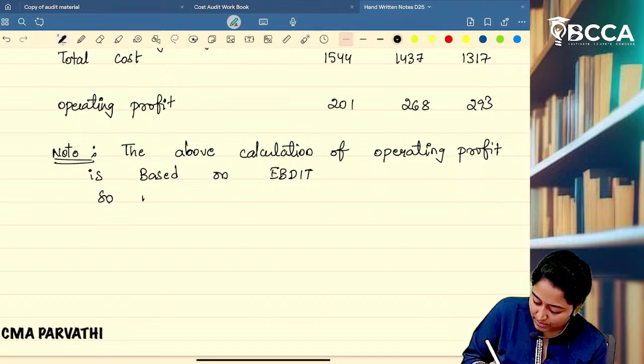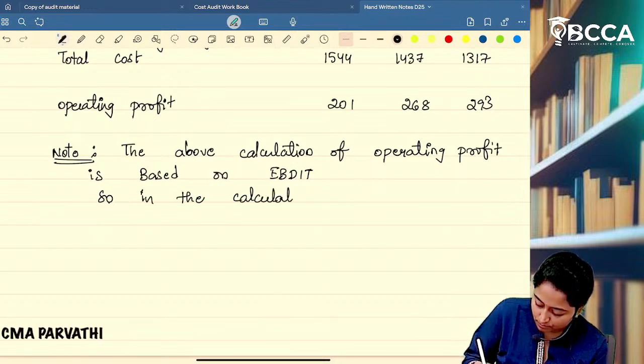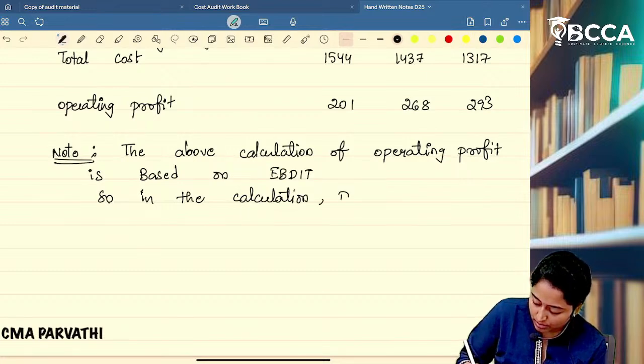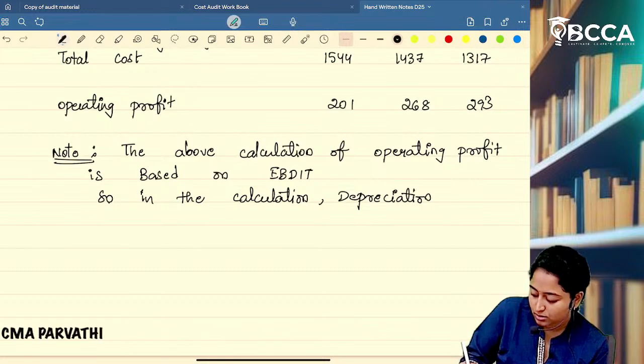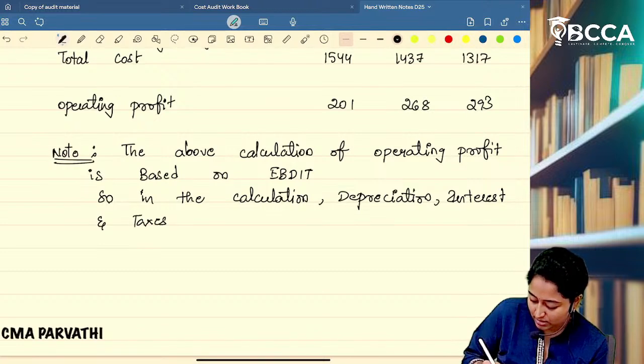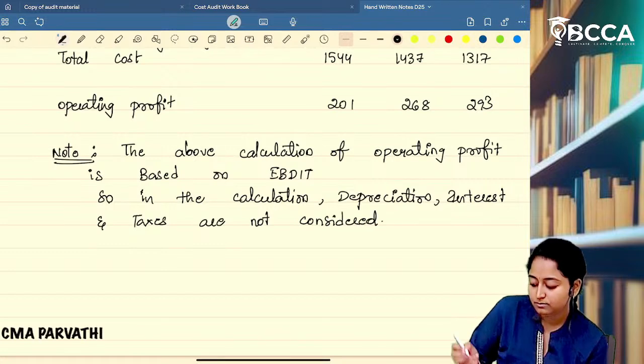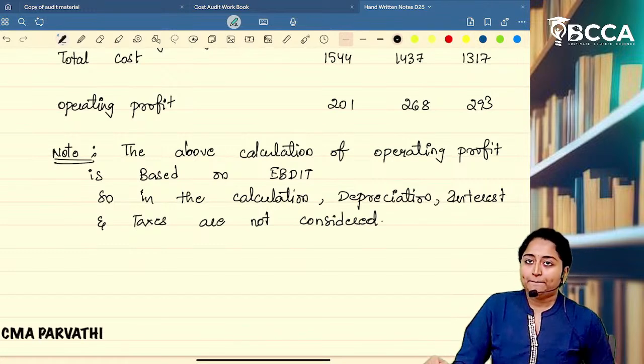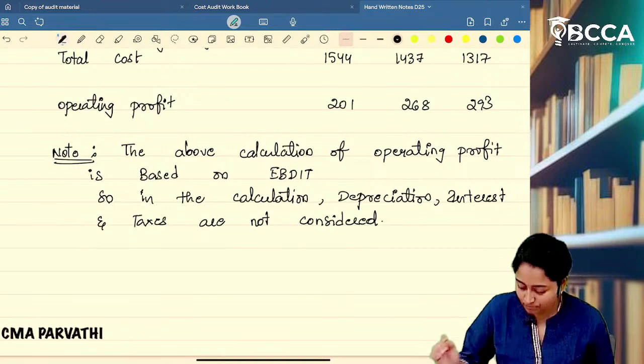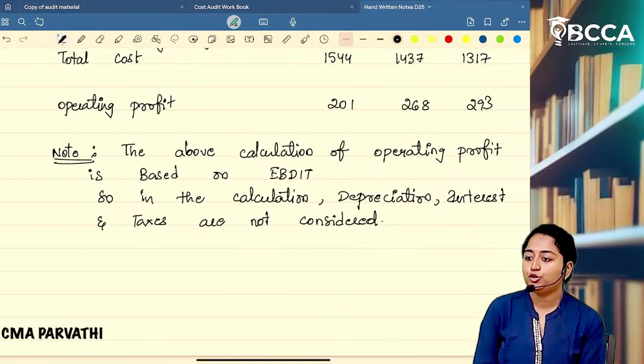So, in the calculation, depreciation, interest, and taxes are not considered. Okay, this will be our note point. Clear?